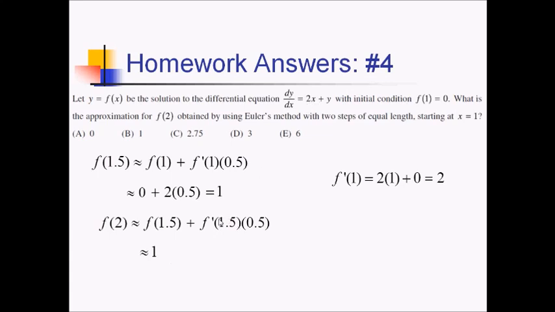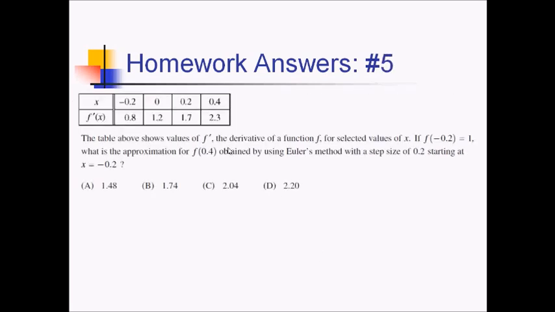Now I have to plug in the x value 1.5 and the y value 1. So I'm going to do 2 times 1.5 plus 1. This is going to be 3 plus 1, which is 4. So this is going to be down here plus 4 times 0.5. We've got 1 plus 2 essentially, so that's going to be 3, which gives us our answer choice of D.